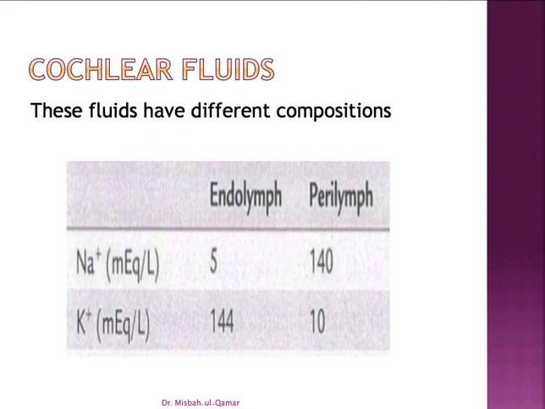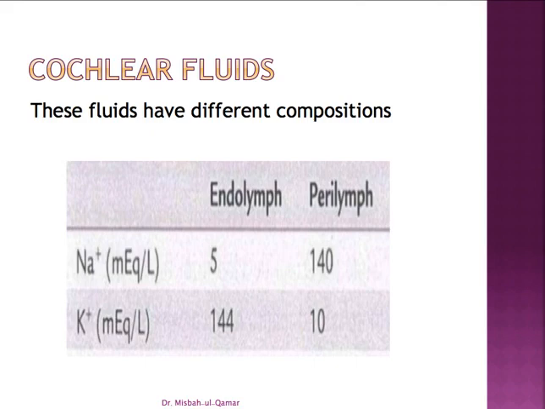Now, I give you a very important difference between perilymph and endolymph: the perilymph has a potential, or you can say a voltage, of 0 millivolts, while the potential of the endolymph is around plus 80 millivolts.